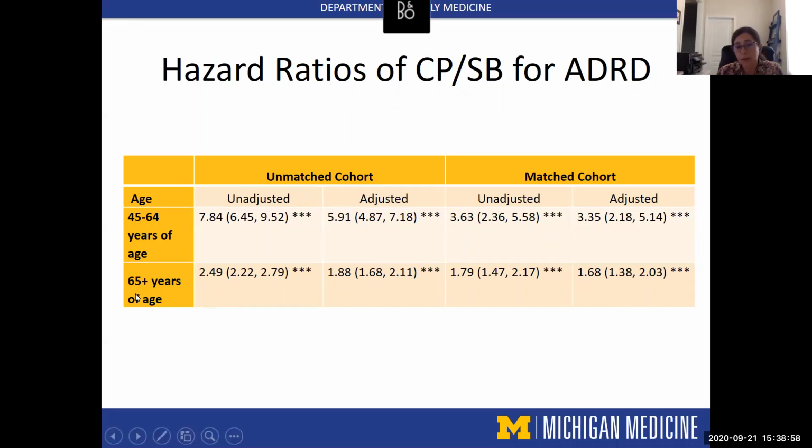When we look at the older adults, the hazard ratio is reduced, but it's still significant. Among the unadjusted it is 2.49, and when we match our cohort and adjust for everything, it comes down to 1.6, almost 1.7, which is still significant and higher.